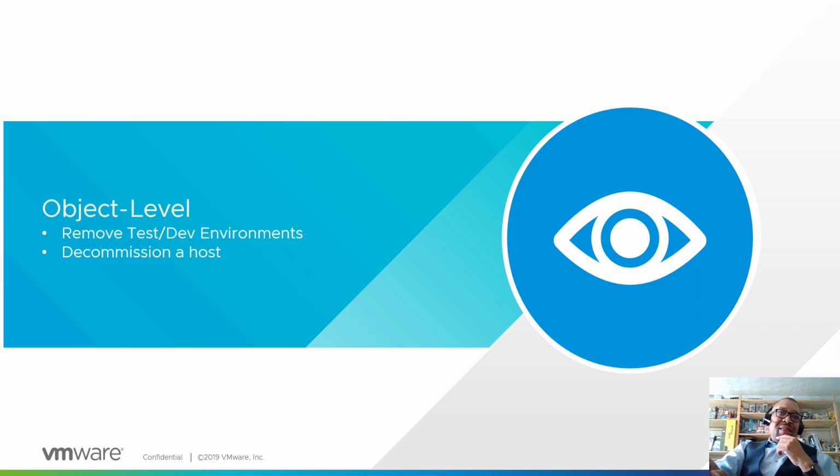Then there's the ability to hide objects on an object level, such as an ESXi host. And depending on the resolution of your monitor, this method may not be so obvious. I'm going to show how you can do that, but hosts, and the findings from those hosts, can be hidden for a variety of reasons, right?